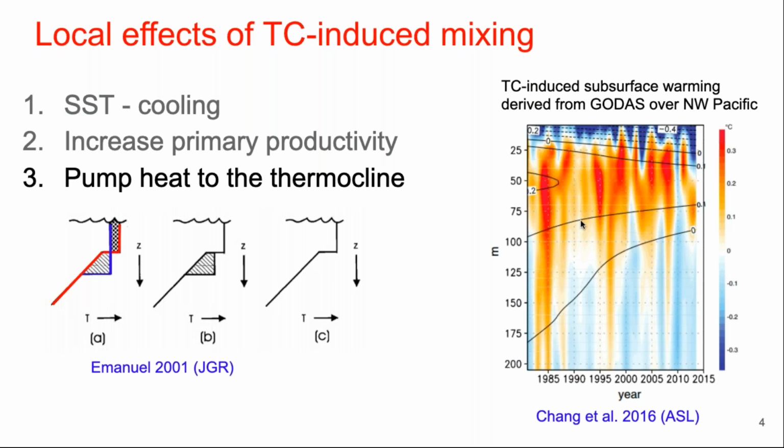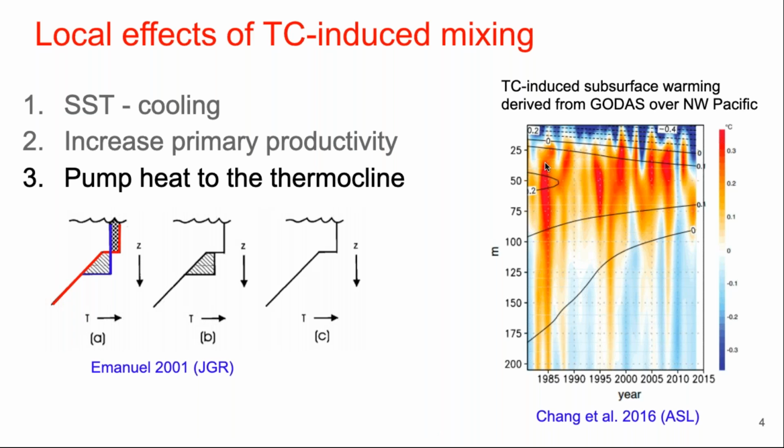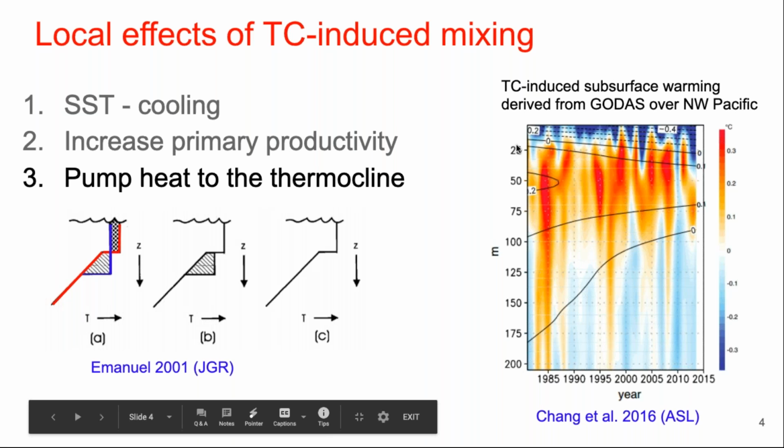These are the results from Chang 2016. He showed a composite difference map, a Hovmöller plot, of pre-storm versus post-storm temperature profiles. This is the depth, and this is the time.